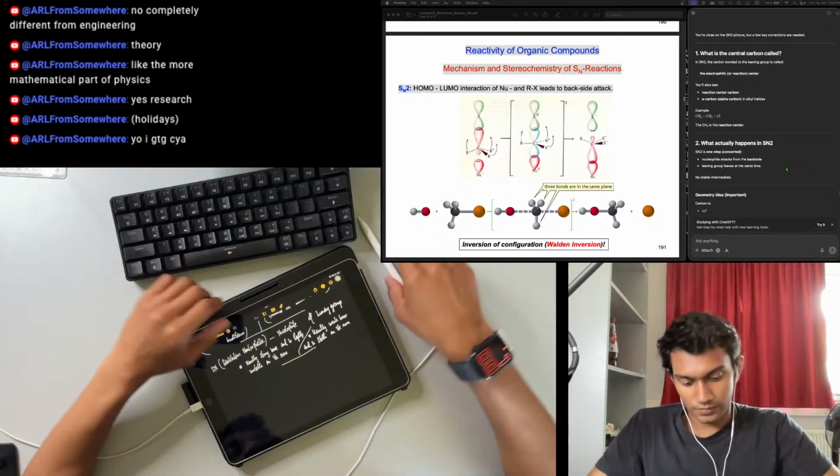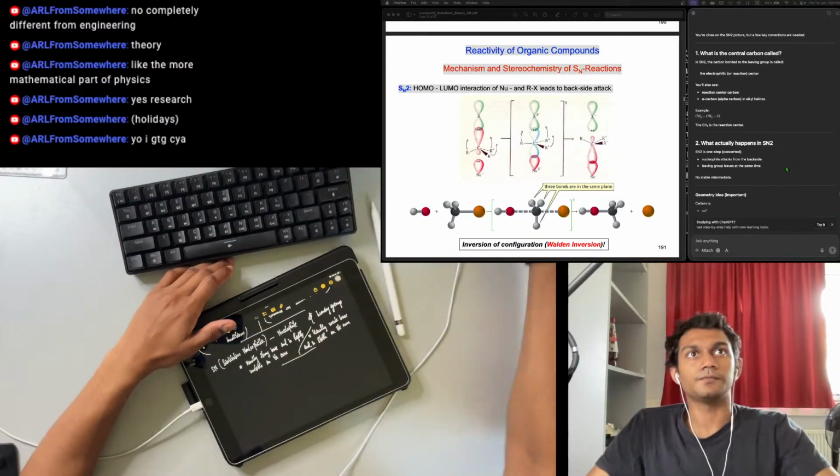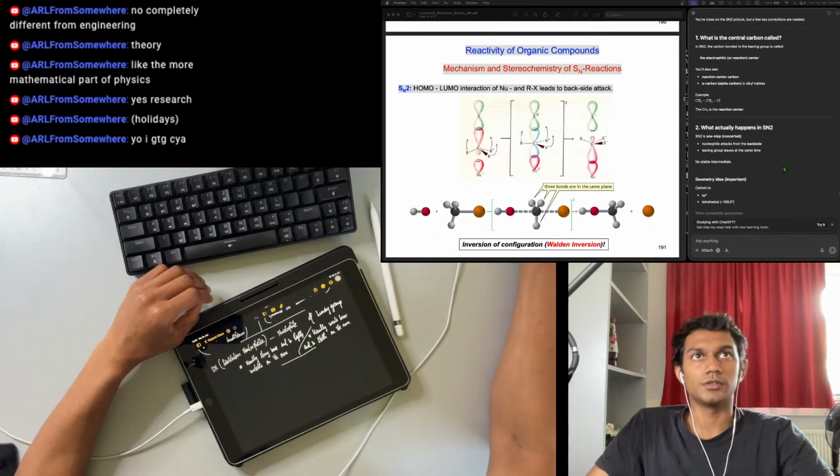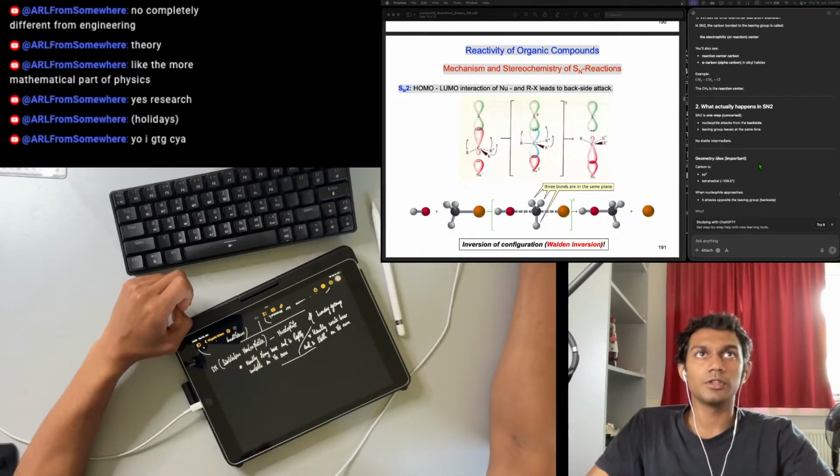What actually happens in SN2? SN2 is a one-step nucleophilic attack from the backside, and the leaving group leaves at the same time. No stable intermediate. But there is an intermediate, right? There's a transition state.